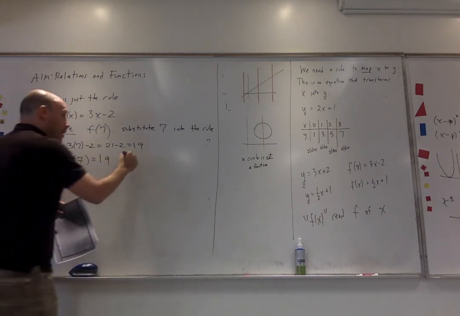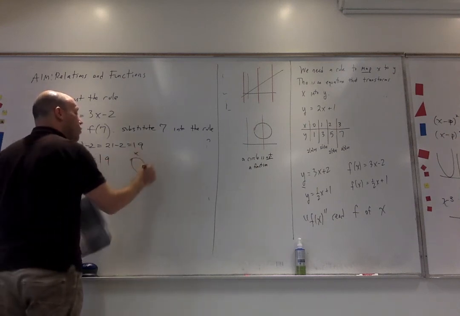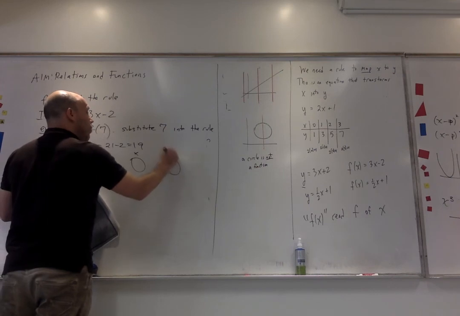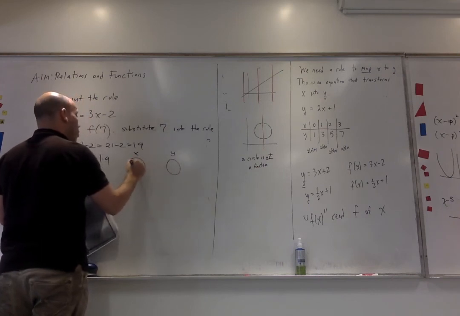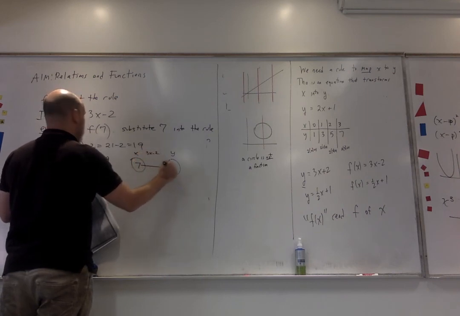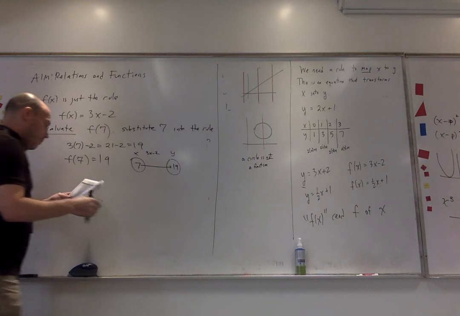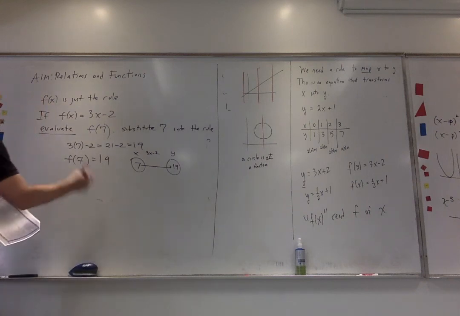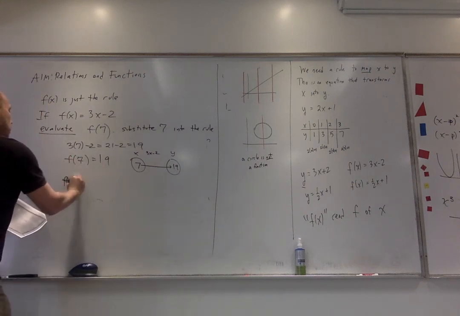The idea is we have a domain value, we have a range value, and the rule of 3x minus 2 maps 7 to 19. What's f of 6?